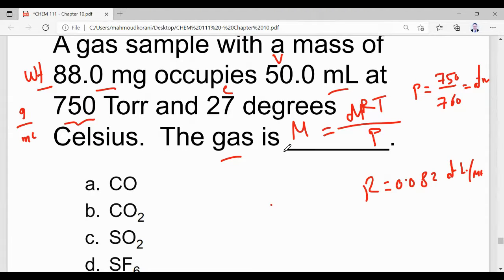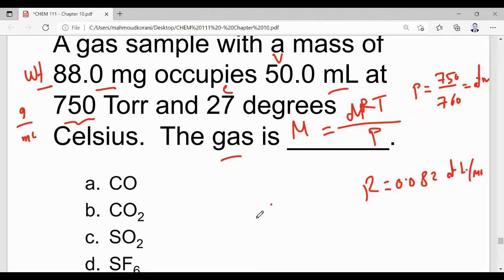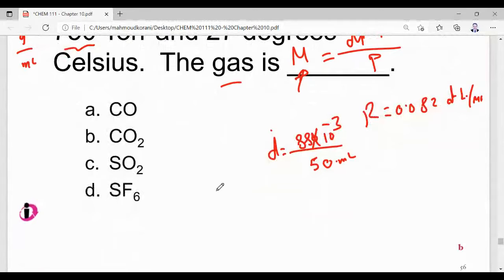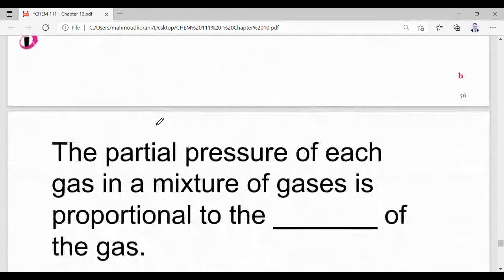You end up with the density, as I told you, 88 times 10 to the power minus 3 gram per milliliter. So you end up with a gas from its molecular weight. Just calculate the molecular weight for each one, and it will be carbon dioxide.